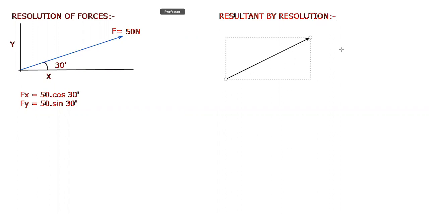Suppose that these two forces are there, having magnitude 30 Newton and, we have just assumed it, the magnitude is 30 Newton and 60 Newton.